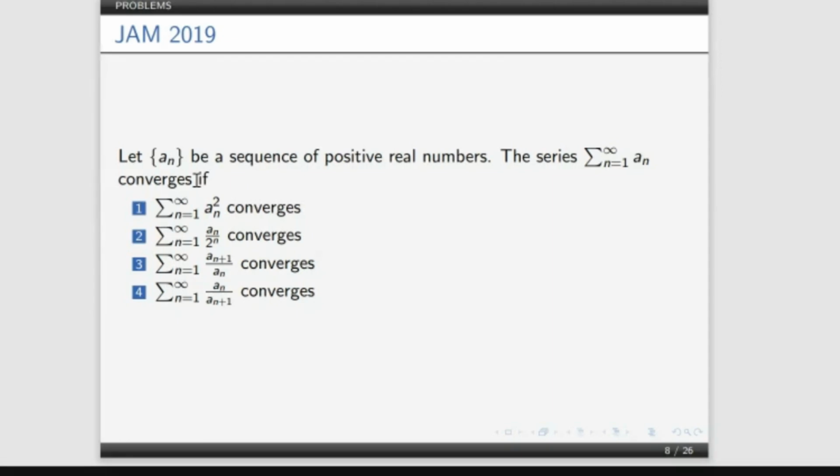Any other answers? One person has commented option 3. Option 1 and option 4 have come. Option 3. Option 1. Okay, then.